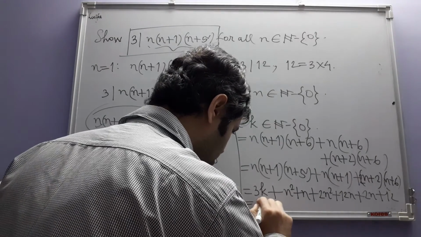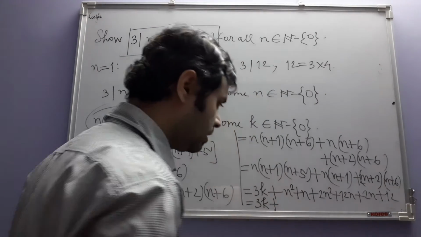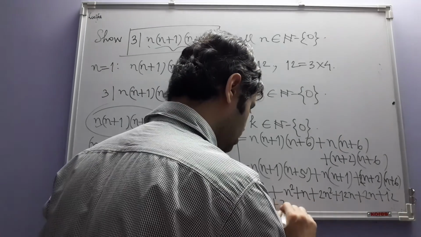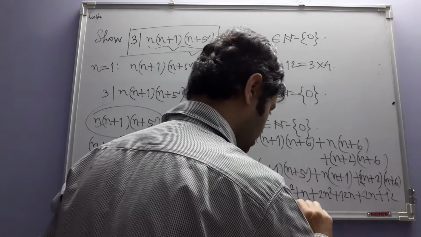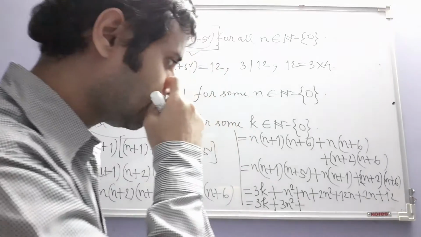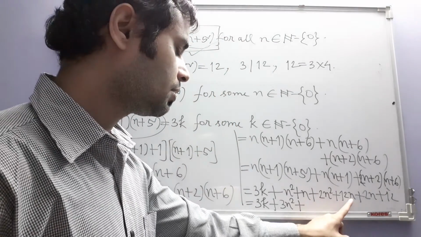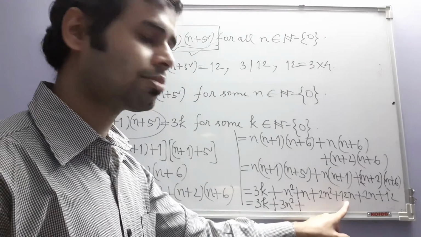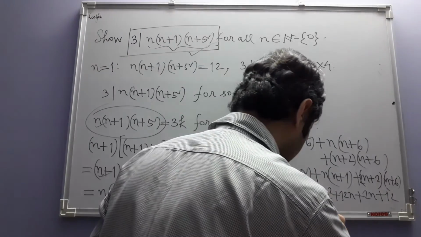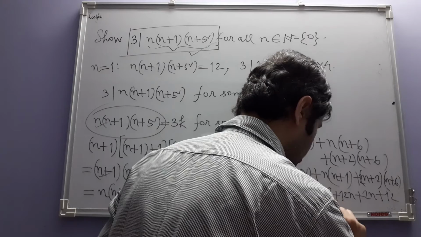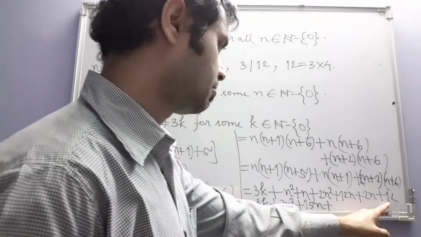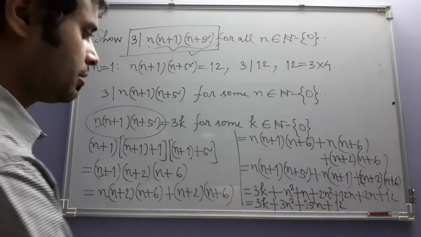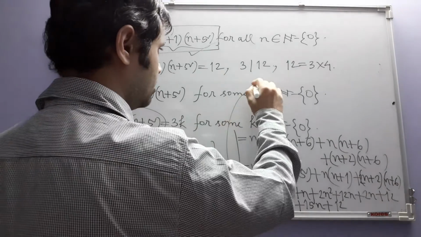Now you see what this becomes, 3k, n square plus 2n square is 3n square plus, how many n do we have? 2n plus n, 3n, 3n plus 12n is 15n plus, and we have 12. So the final expression that we have, let me write it here.